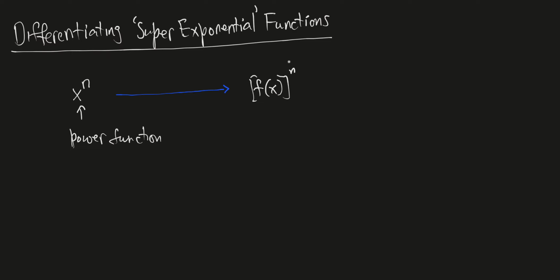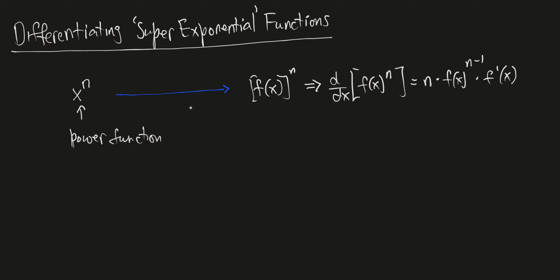So the derivative of f of x to the nth power would be n times f of x to the n minus 1 power times the derivative of the inner, which would be f prime. So we can handle that.